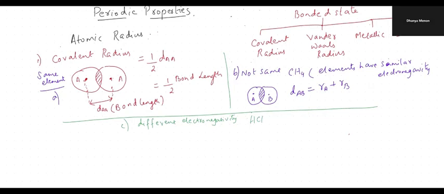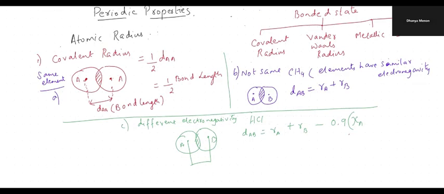In that case, there's a small formula. So suppose A and B. This is A, this is B. So in this case, the atomic radius is given by RA, radius of A, plus RB, radius of B, minus, we are subtracting the electronegativity effect.